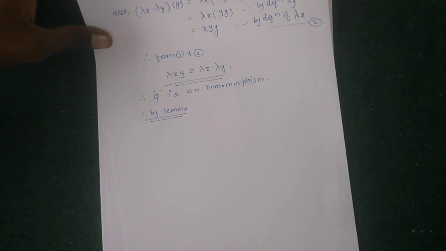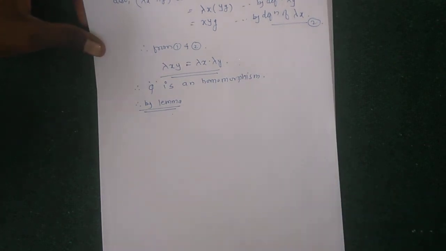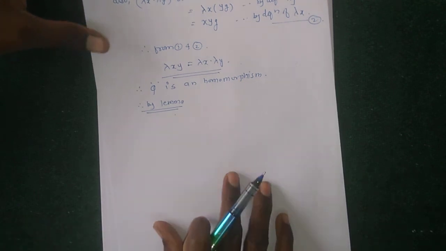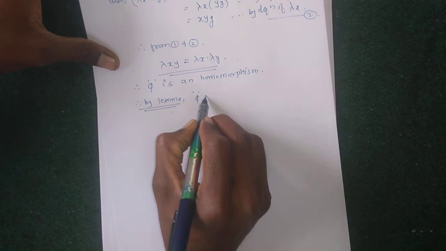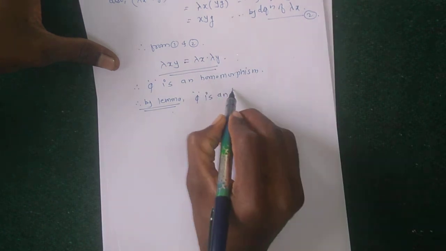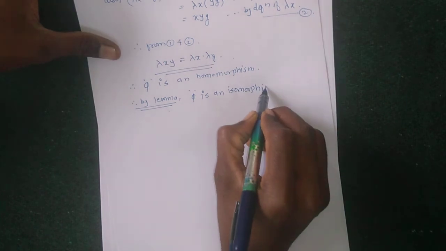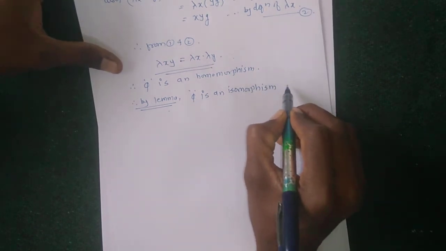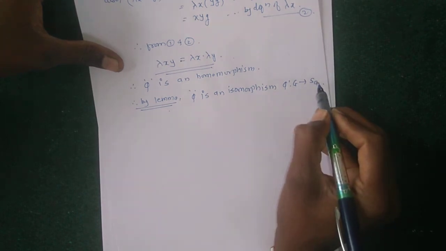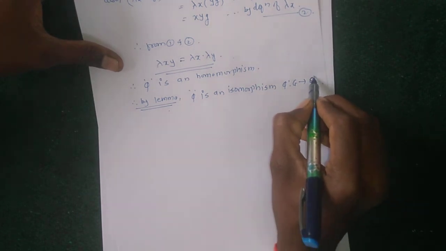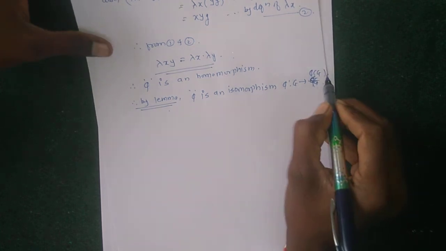So G is isomorphic to a subgroup of the group of permutations. By the lemma, phi is an isomorphism, phi from G to phi of G, sorry, not SG, phi of G.